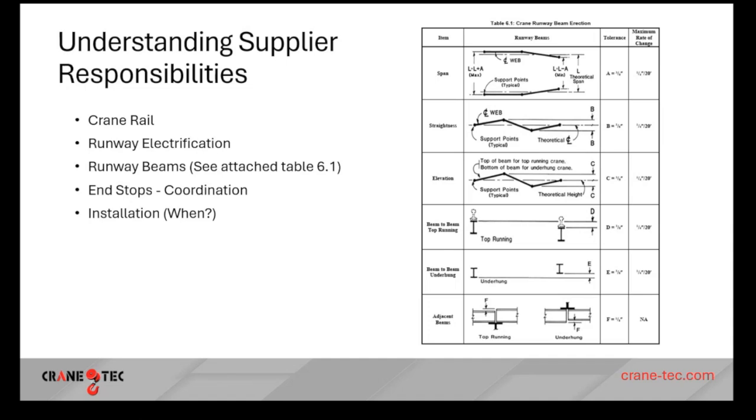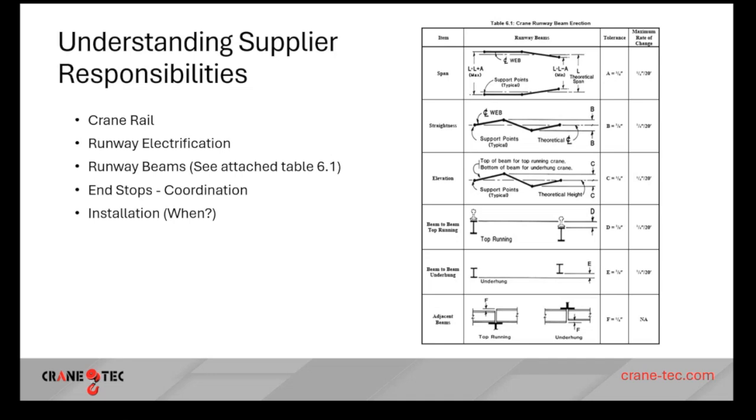I've been doing this for 22 years and Wally for a lot longer than that. Crane Tech as a crane company, we have never once run conduit and installed a disconnect and run conduit from the disconnect up to the crane. So it's pretty clear for us that that's a responsibility and just something to look out for, to make sure when you're bidding the process and you're talking to your electrician, they know that that's their responsibility.